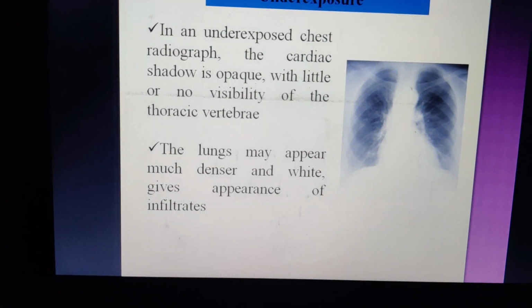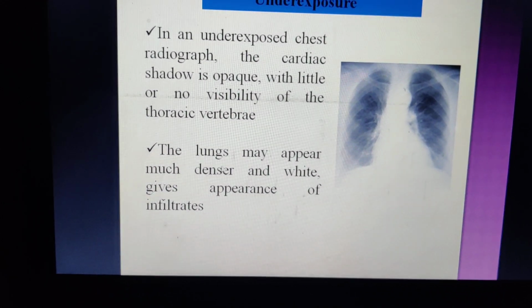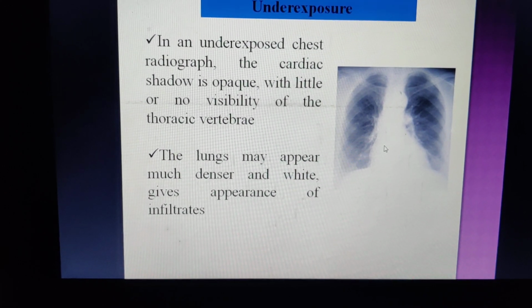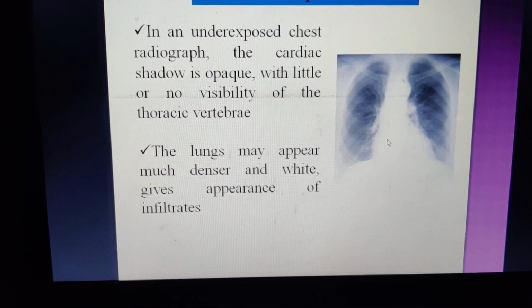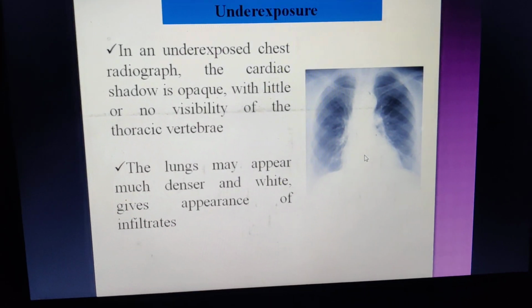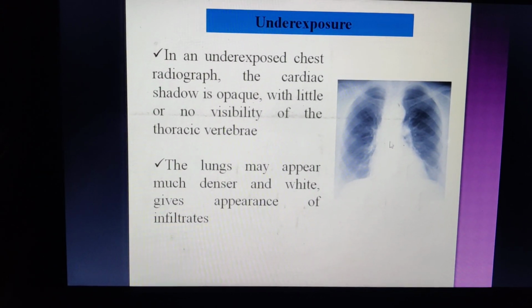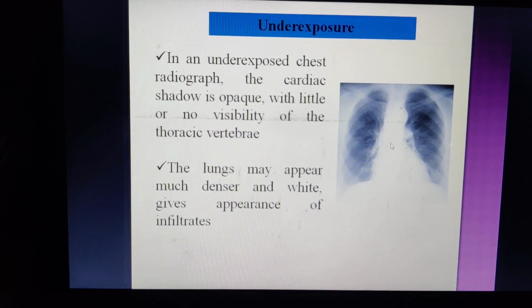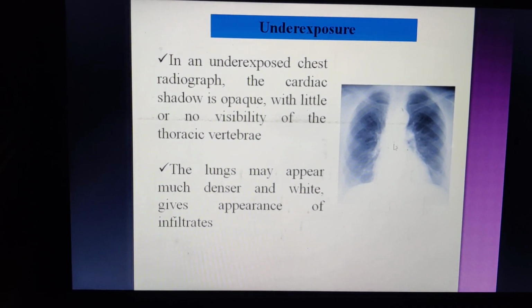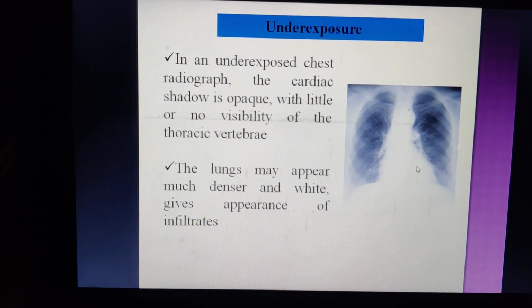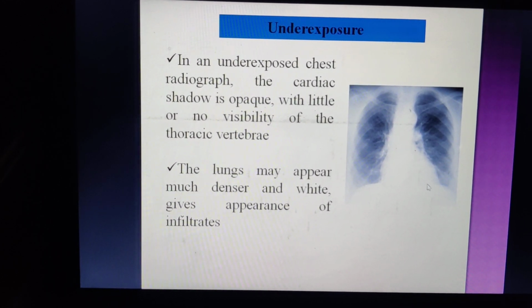In the underexposure, what will happen? The cardiac shadow is opaque with little visibility. Lung may appear much denser, wide, giving the appearance of infiltrates. As I said, in the normal exposure, the first 4 thoracic vertebrae will be seen, but in this case, there is non-visibility of the first thoracic vertebra. This shows underexposure. Dome of diaphragm is also absent.